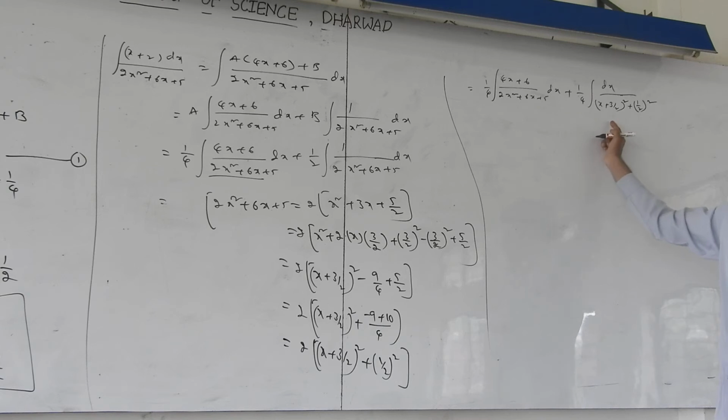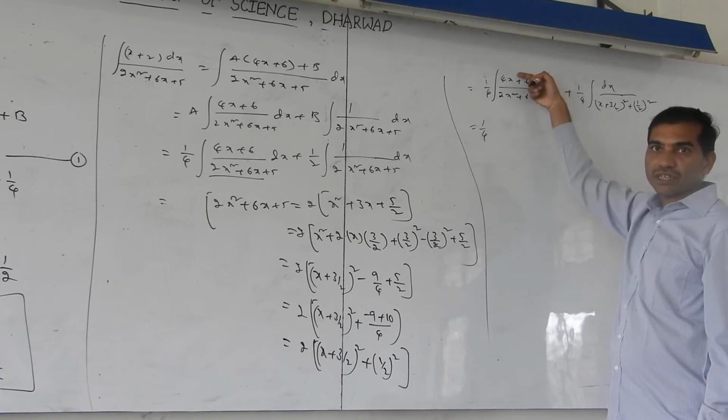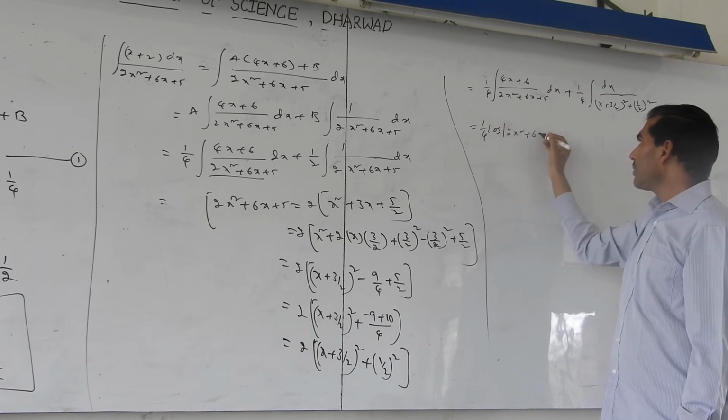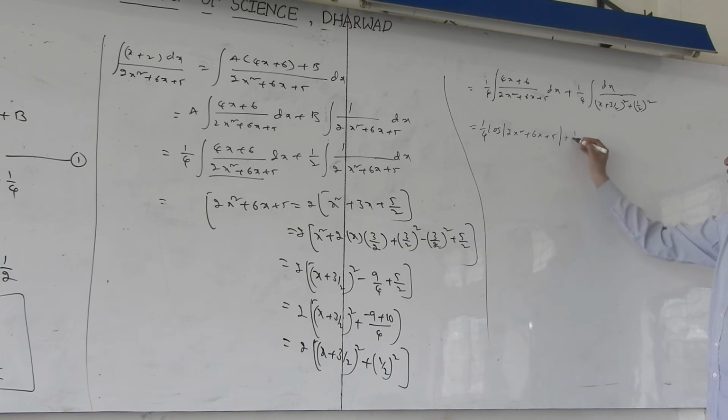Here we can write x plus 3 by 2 equal to t. Then this integration is 1 by 4 times the log of the denominator, 2x square plus 6x plus 5, plus 1 by 4.